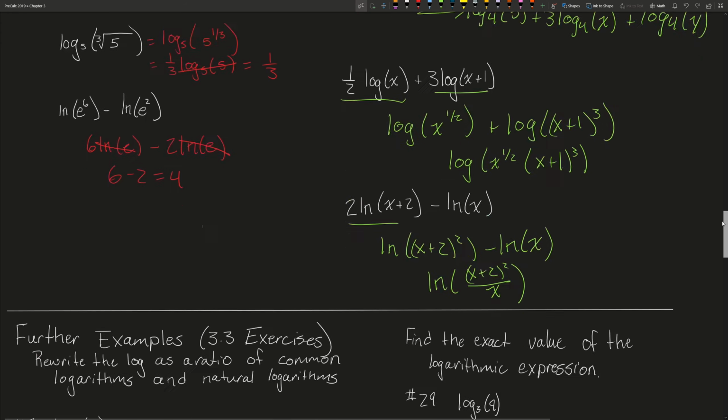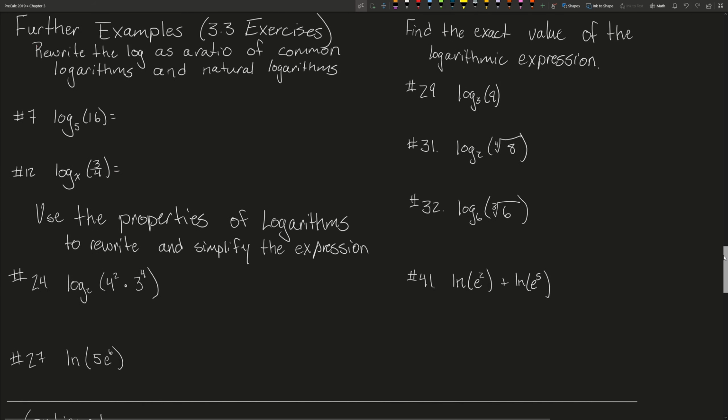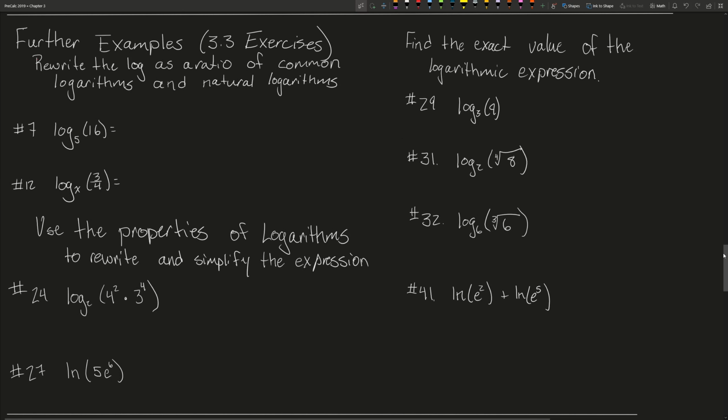So the next thing I want to do is to do a couple of examples that touch on everything that we've done so far. So these exercises can be found in 3.3. And the first set of problems that I'm going to do say to rewrite the log as a ratio of common logarithms and of natural logarithms. So keep in mind, common logarithms means base 10, natural logarithms means base e.